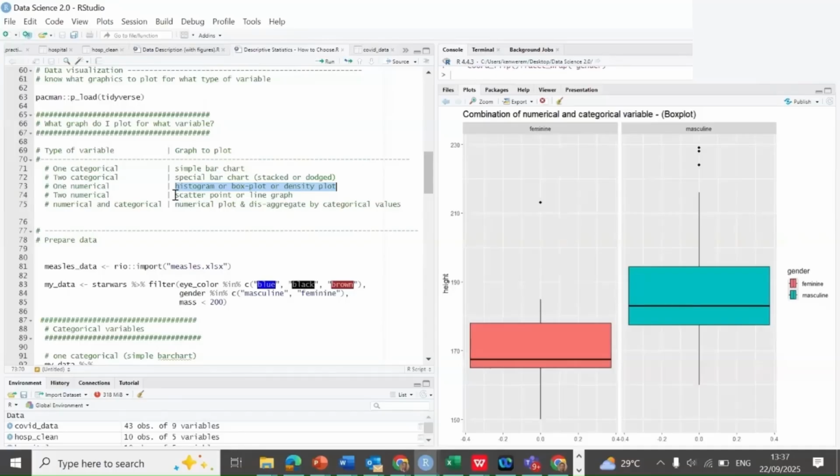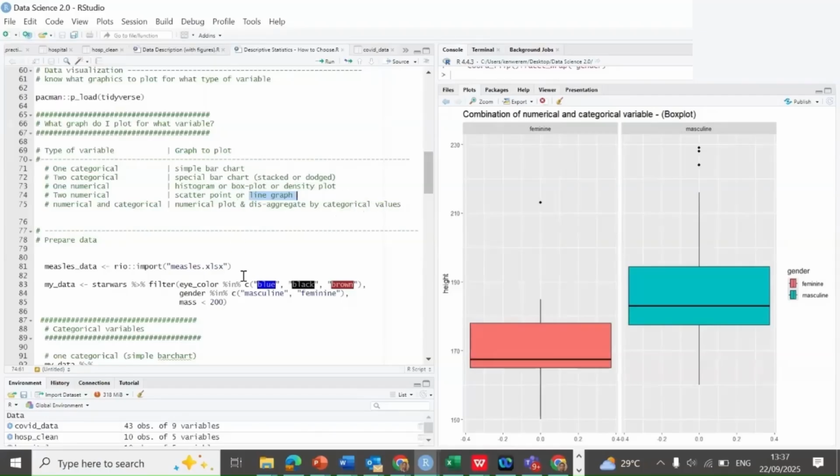If you have two numerical variables, you can represent it as a scatter plot. But if one of those variables is time, then you use a line graph. If you have a numerical and a categorical variable, then you will do the graph of the numerical variable, which can either be histogram, box plot, or density plot, and then you disaggregate by the categorical values.